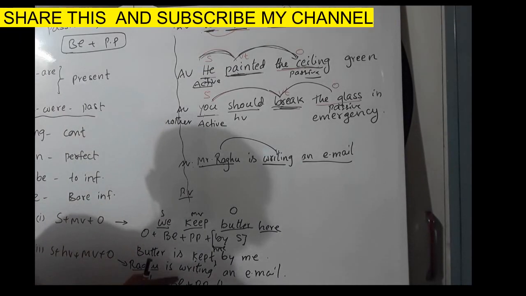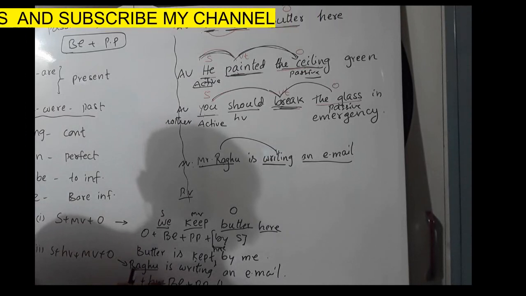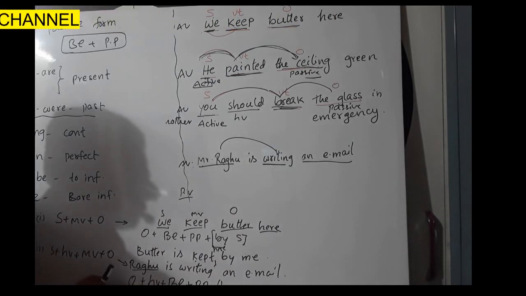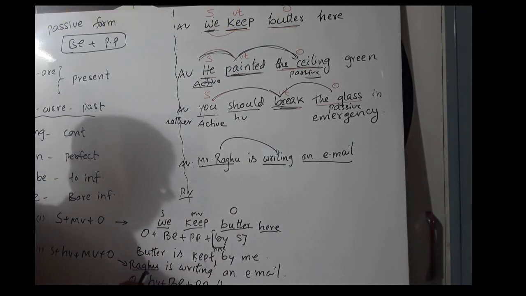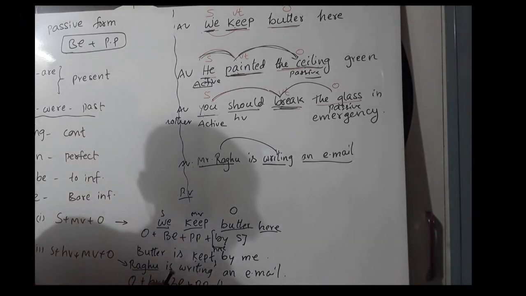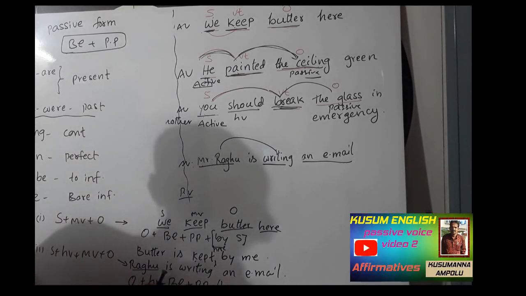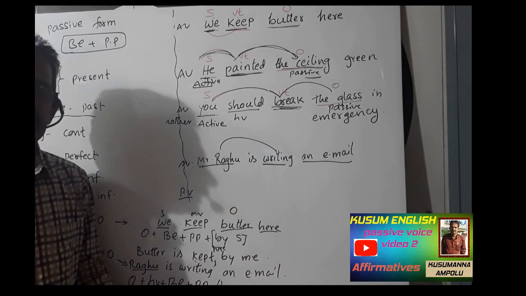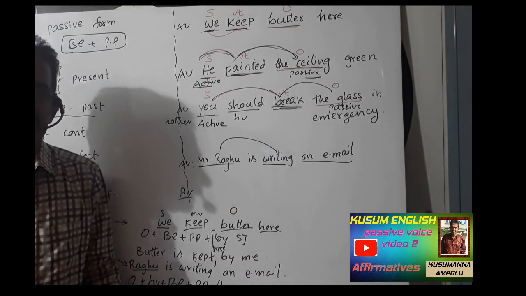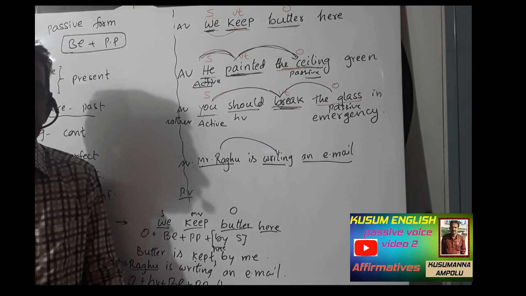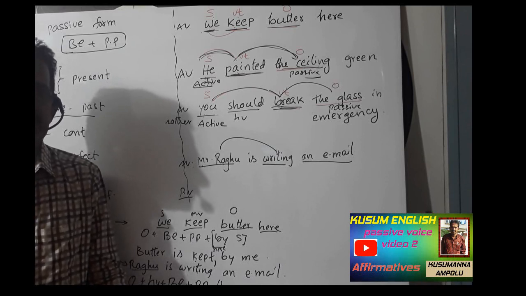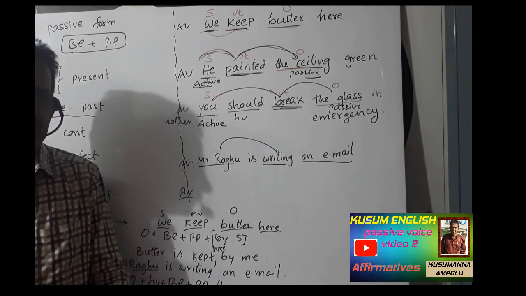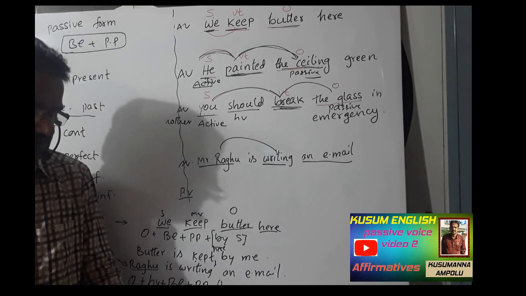If there is a helping verb in active voice, you place the helping verb the same, but the verb must agree with the subject, that is, subject singular or plural. So is writing, the ing form, plus past participle, and it should be placed in by plus subject. This is about affirmative sentences of active voice to passive voice, and in the next videos we learn imperatives, interrogatives and other variations in negative and all those things, and this is all about passive voice.